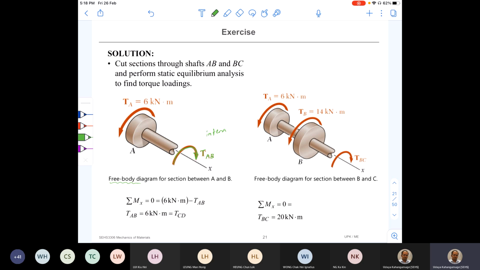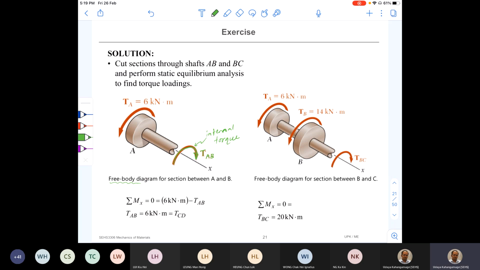This is what we need to find out if you want to find out the torque inside, or the resistive torque and shear stress between A and B, right?